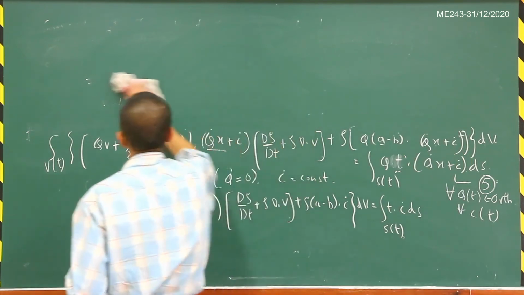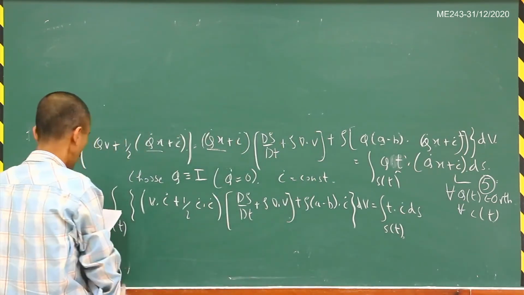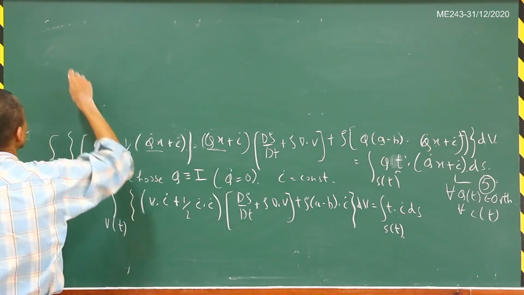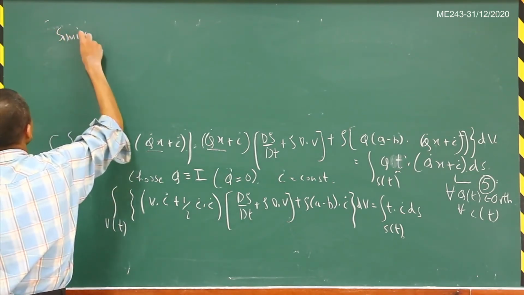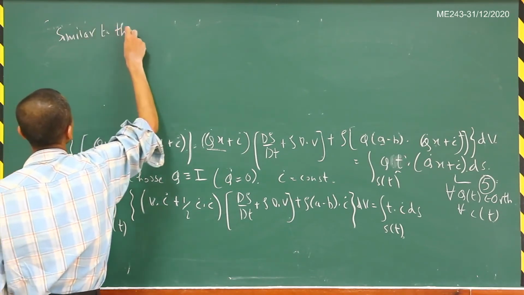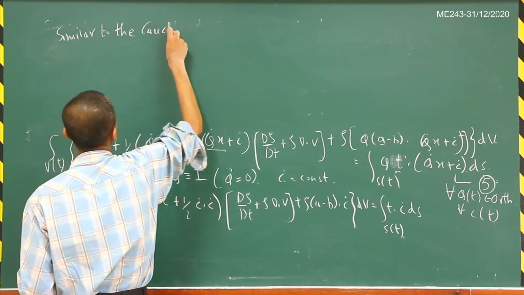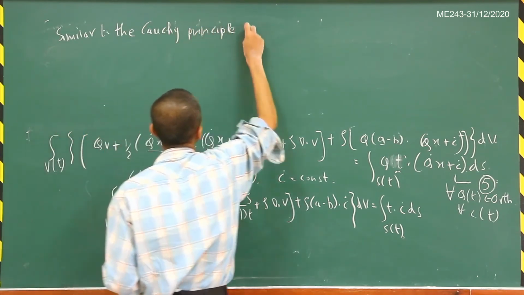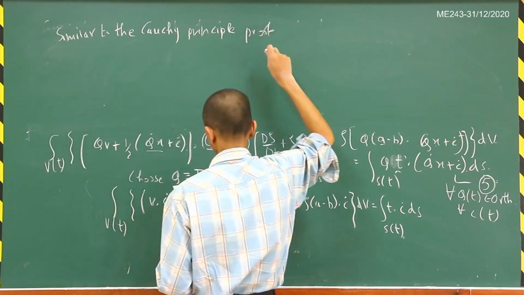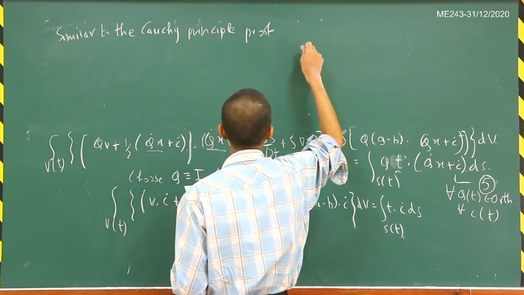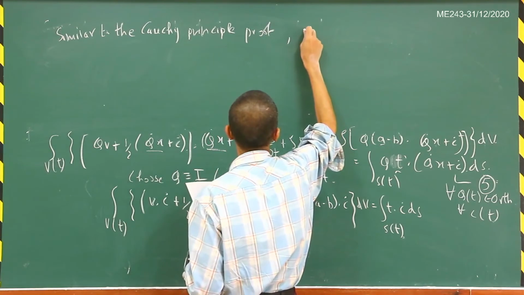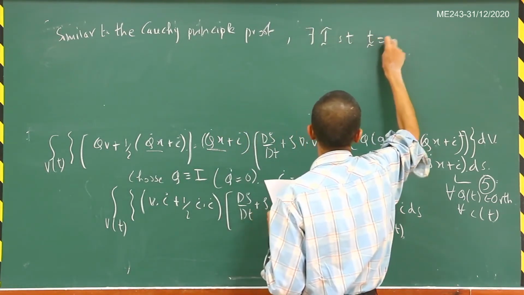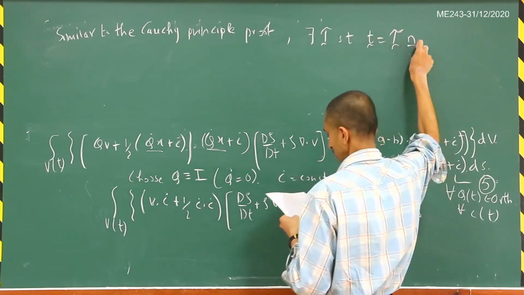Okay. So we will get now the following thing. Similar to the Cauchy principle proof, you will get that there exists a tau such that t is equal to tau times n.